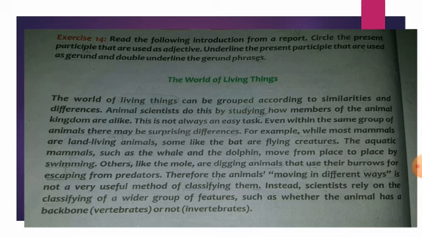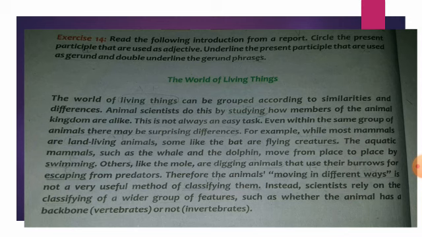Therefore, the animals moving in different ways. Now, here it is a gerund phrase because gerund is used but in a phrasal way, in different ways. Okay, so you will double underline it. Is not a very useful method of classifying them.